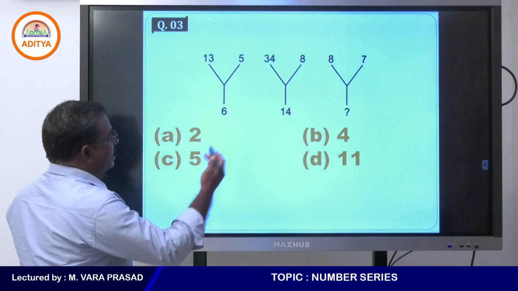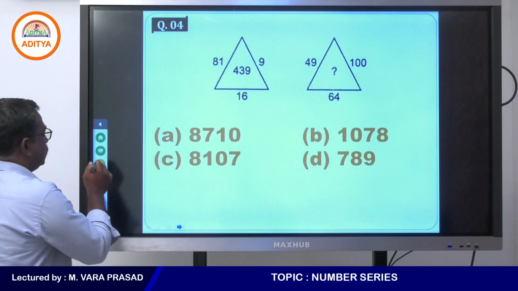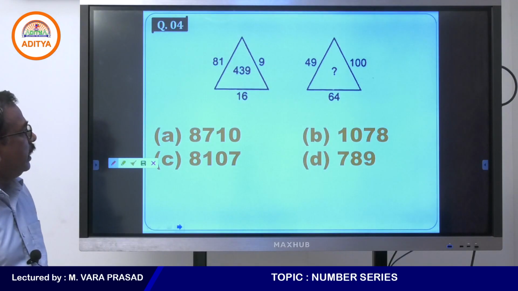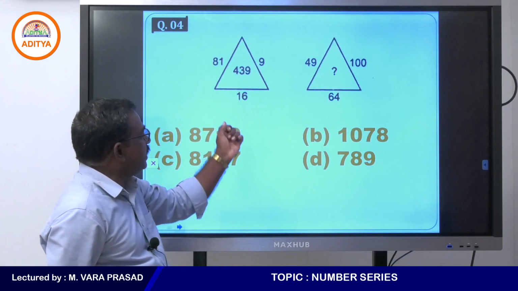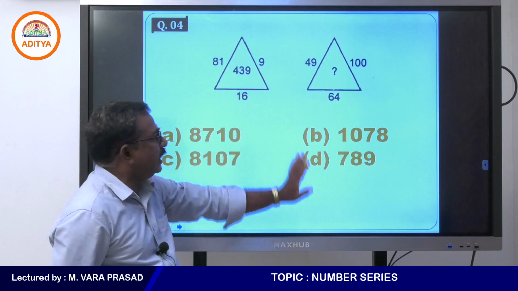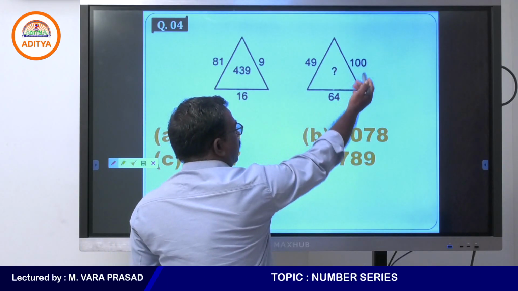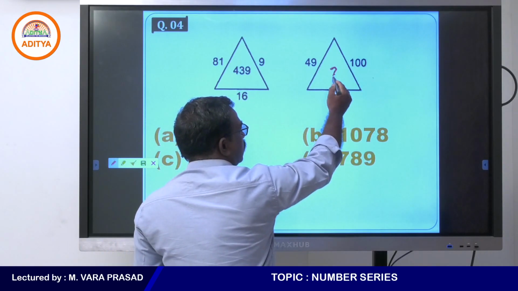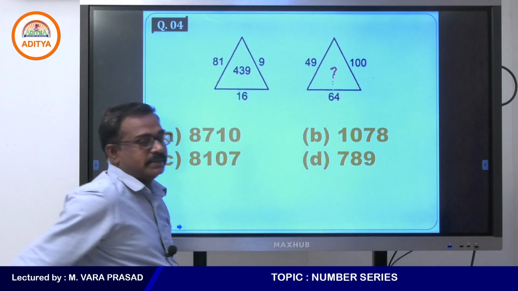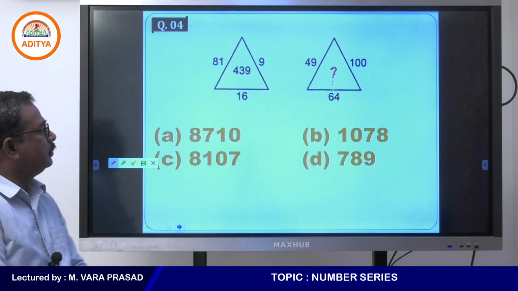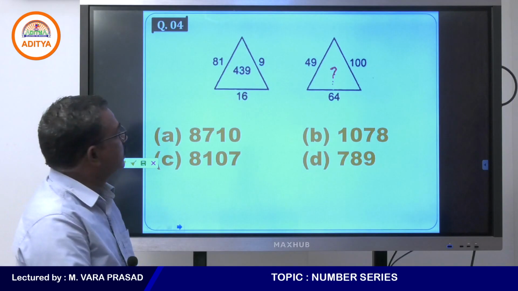We are doing the series in pictorial manner, yes, find out. 81 is given, 9 is given, 16 is given and in the middle is given 4, 3, 9 and here 49, 164 in the middle given question mark. What you will get in the question mark place? Just you find out what you will get in the question mark place.